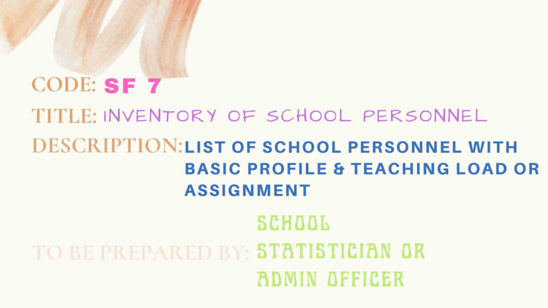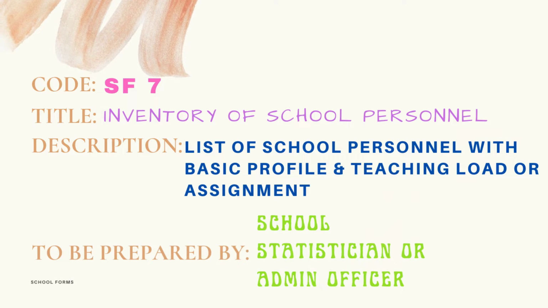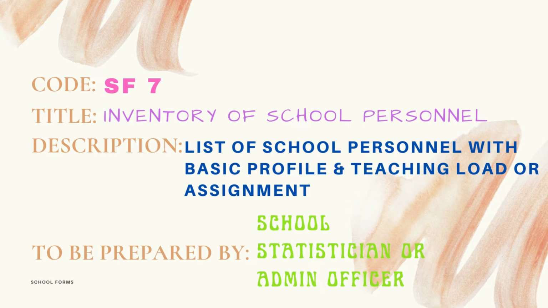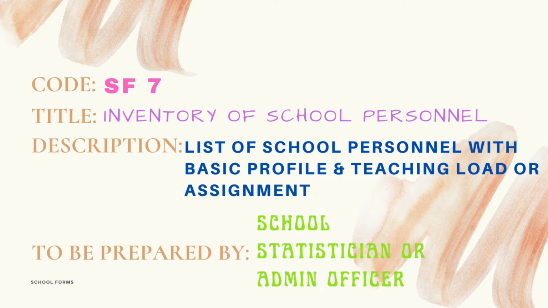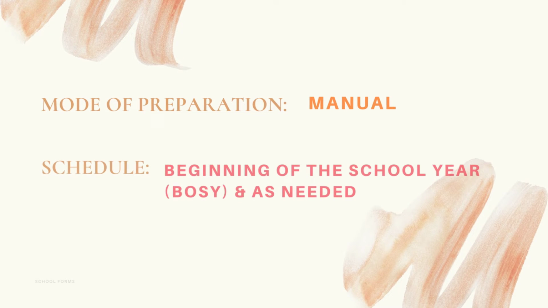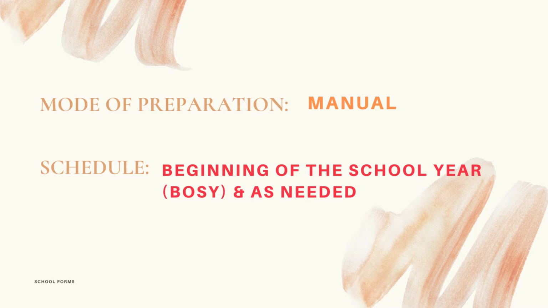Next, we have School Form 7 or SF7. This is the inventory of school personnel, wherein the list of school personnel with basic profile and teaching load or assignment is indicated, to be prepared by your school statistician or admin officer. Mode of preparation: manually.